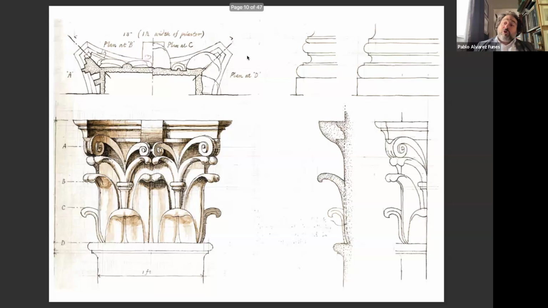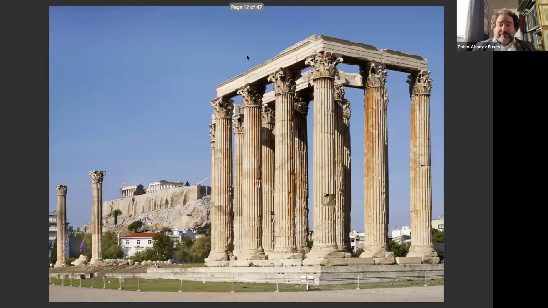And you normally use the flat one in situations in which the capitals are going to be too high to appreciate the detail and intricacy of the leaves, or when you don't have much budget but you still want to go Corinthian. It's a bit like going to a luxury brand and buying the most expensive of the range, or buying the economic range.